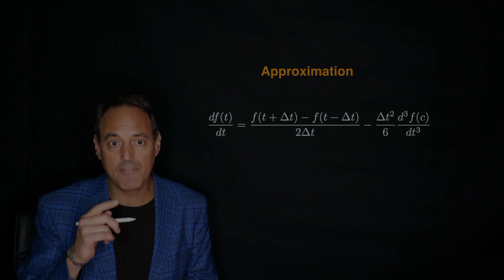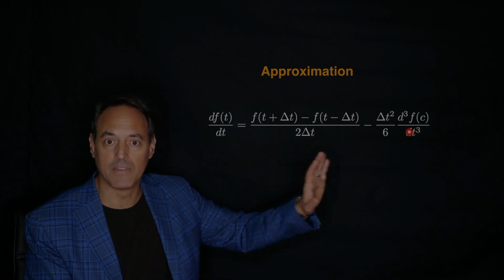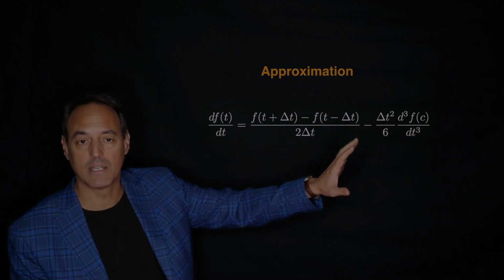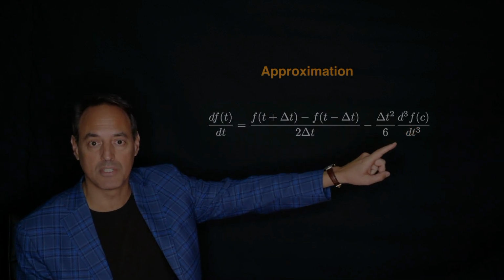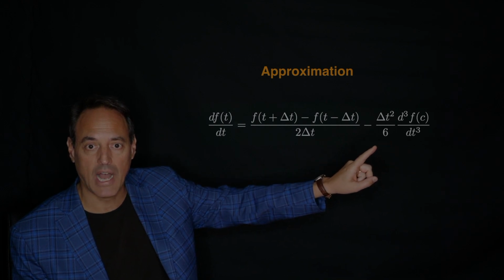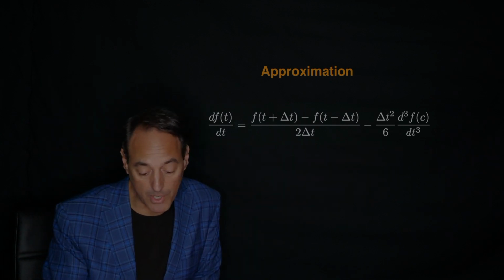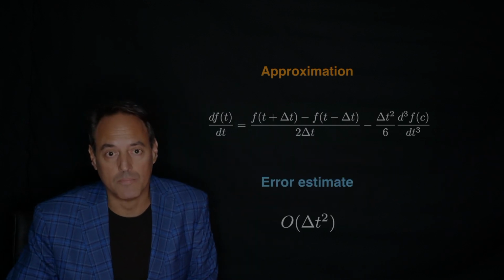But now, by doing this Taylor expansion, we also have this error term at the end, and that error term is telling us there's a delta t cubed plus that third derivative. So I also have this to think about, and then what do I do with that? Well, what we're going to do with it is ignore it.